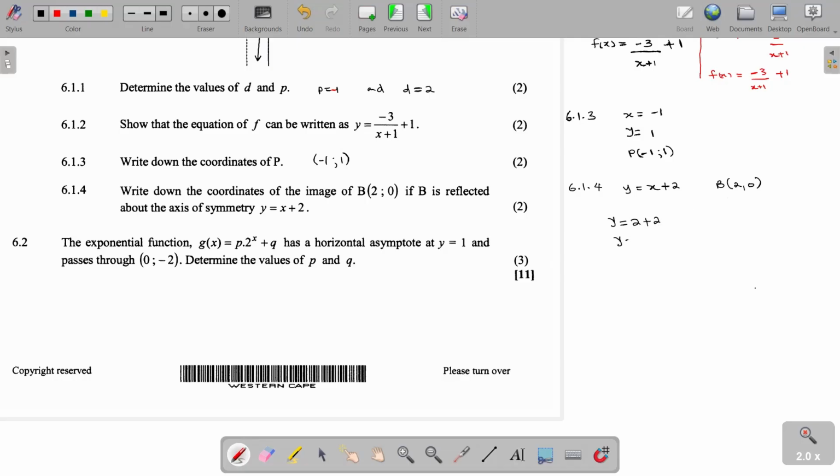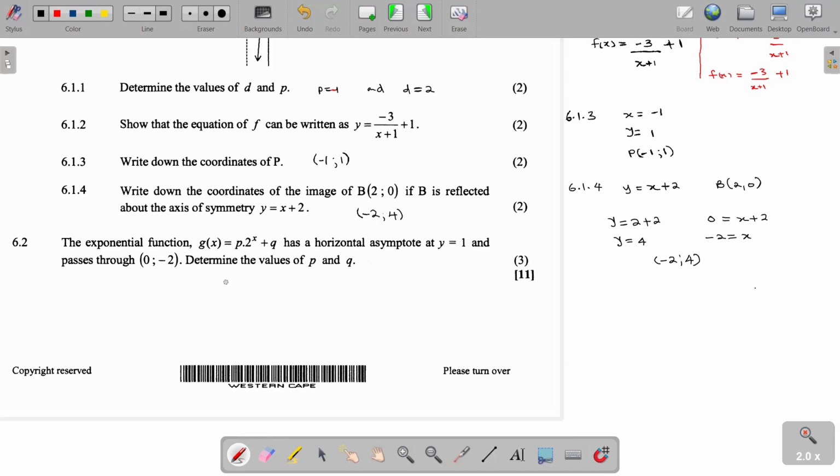So our y is equal to 4. Then to get the x value, we substitute that 0 where there is y. So 0 is equal to x plus 2, then a -2 when you transpose is equal to x. So the coordinates of the reflection of B is going to be (-2, 4). Yeah, so the coordinates of the reflection is (-2, 4).